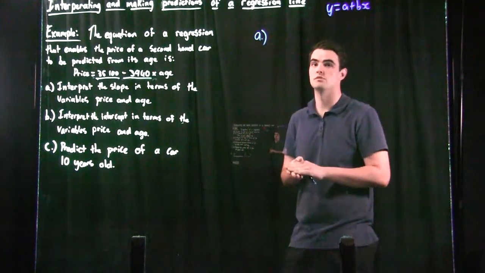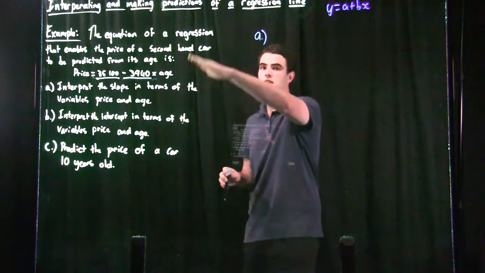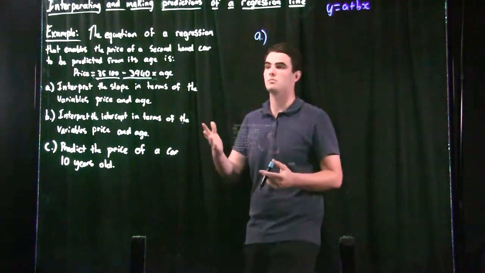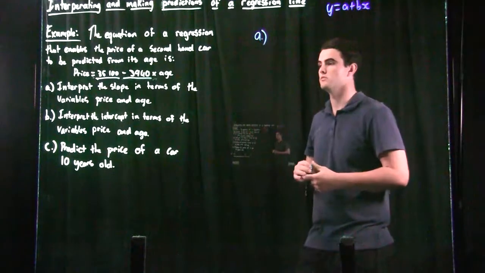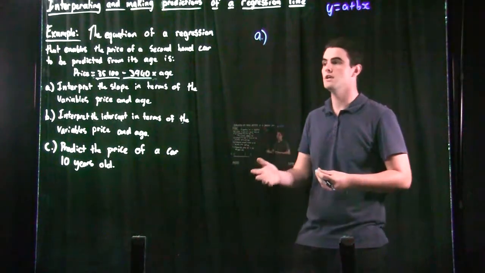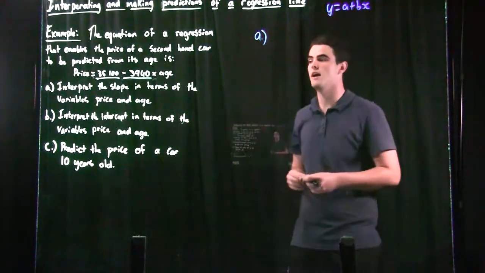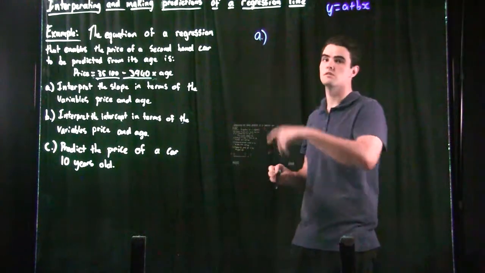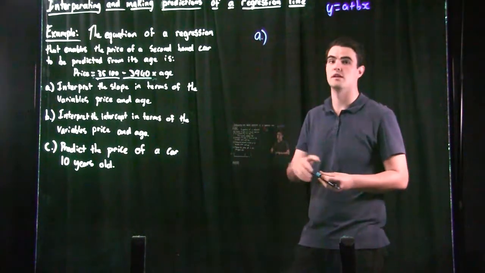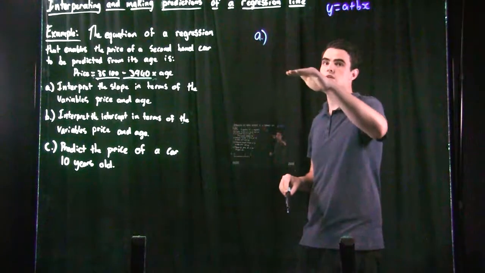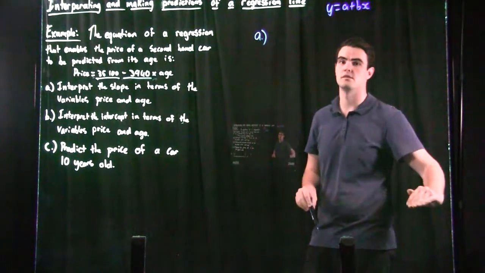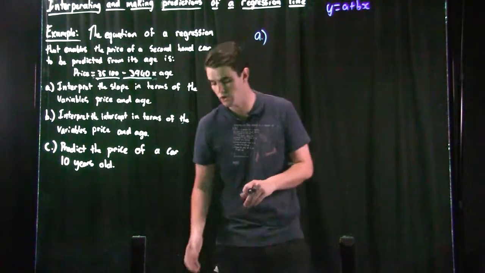Given that it's a negative, it is decreasing, or my scatter plot or regression line is going in a downwards direction. So each year, and why is it year? Because we're multiplying by age, I can say that it is decreasing in value by 3,940. So each year it is going down that 3,940 per year.